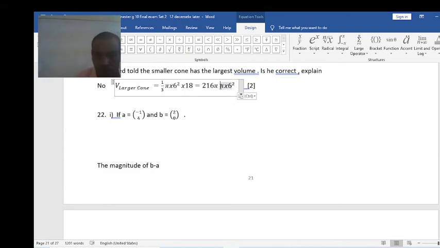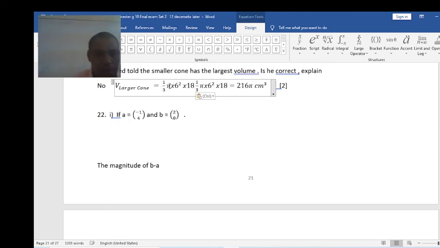Centimeter cubed or a unit cubed. Yes, a unit centimeter cubed. Cubed, Mr. Ahmad, not to the power 2, 3. Okay. This is for this one, but I prefer to use the formula. Yes. So I will do this one. Copy. I will do it again.